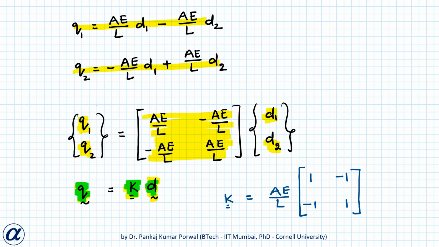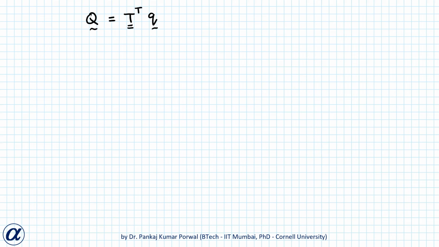Here this K is member stiffness matrix in local coordinate system. So this gives me Q equals T transpose K small d.